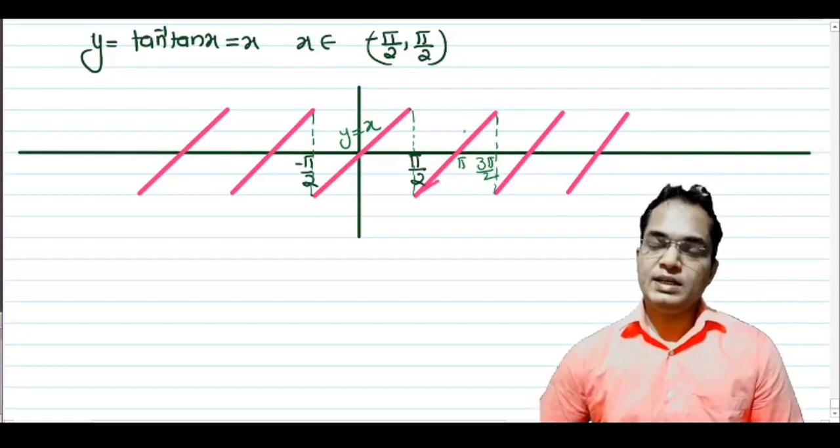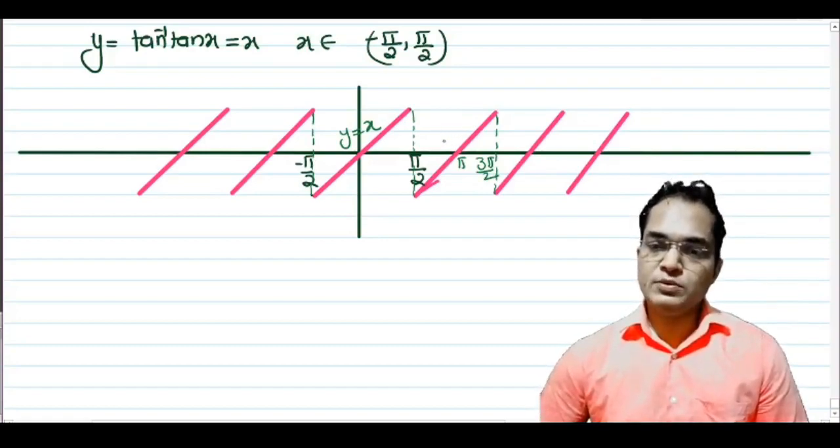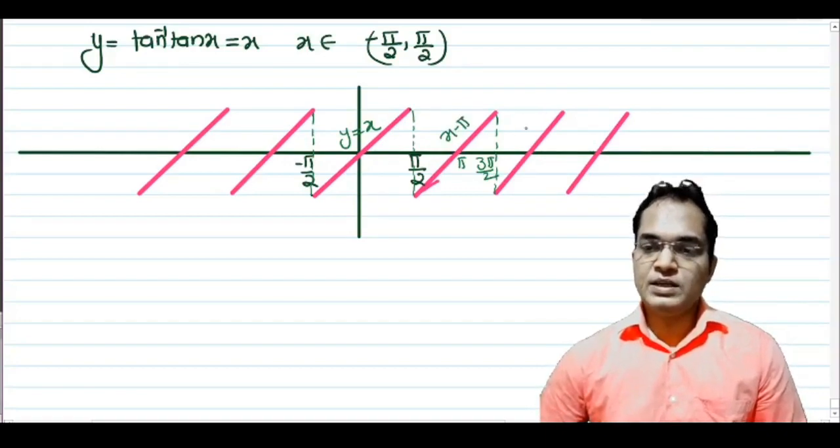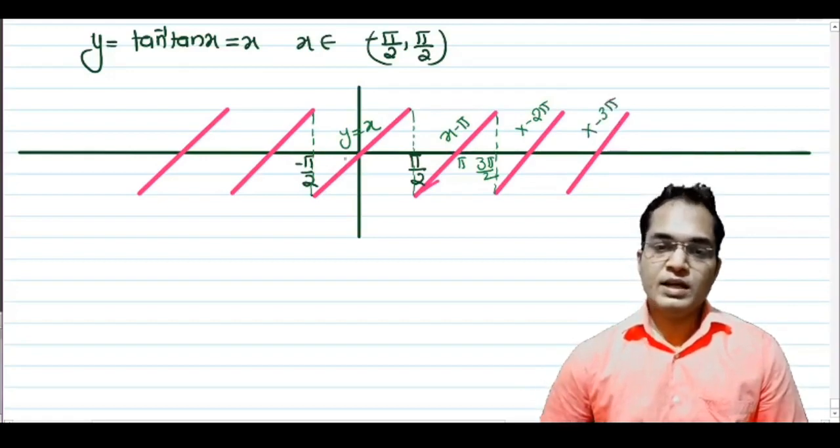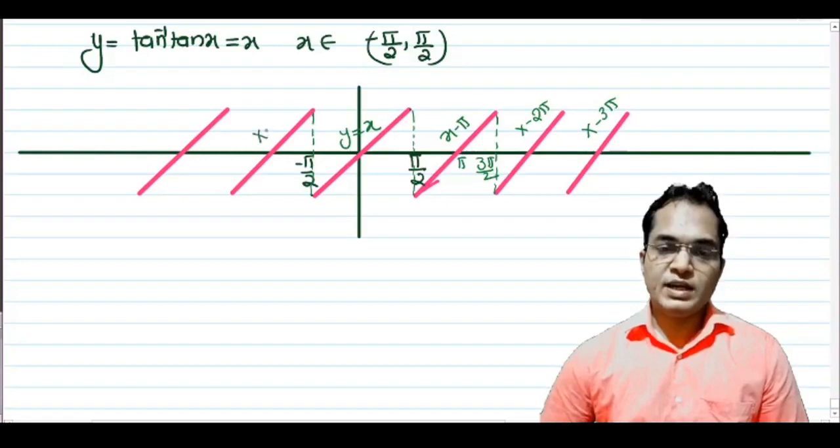This line with positive slope is x minus pi. This line is x minus 2 pi. This line is x minus 3 pi. And here, with positive slope, this line is x plus pi, and this line is x plus 2 pi, because here it is minus pi and minus 2 pi.